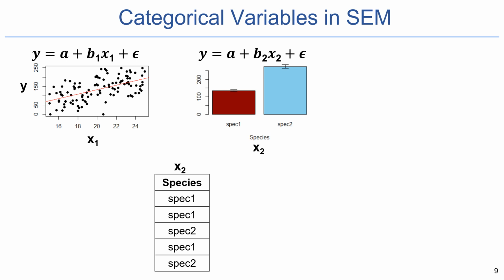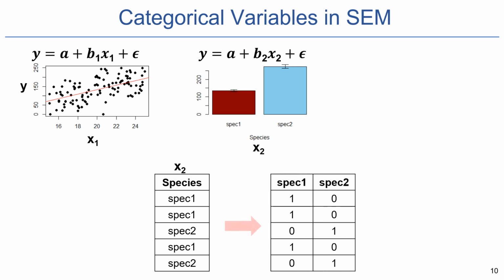The procedure behind this approach is that each level of our categorical variable, species 1 and species 2, is broken into a separate variable. Each of these separate variables gets the value 0 or 1, meaning absent or present. These two variables become linearly dependent, because if species 1 equals 1, it's present, then by definition of our data species 2 equals 0, because our y variable cannot occupy two states simultaneously.